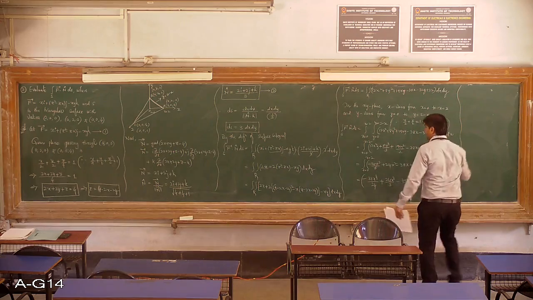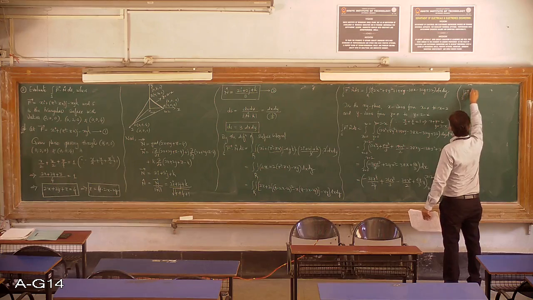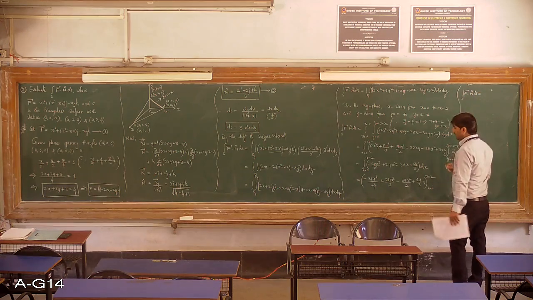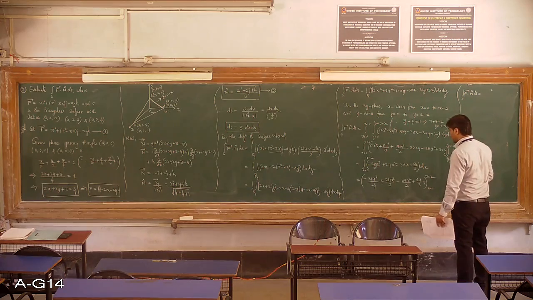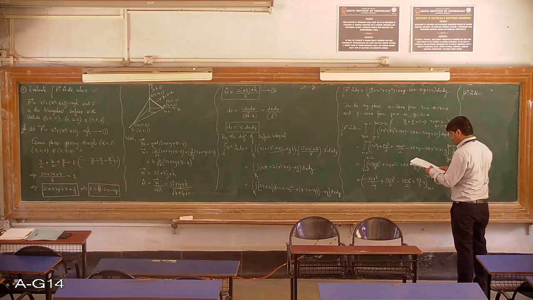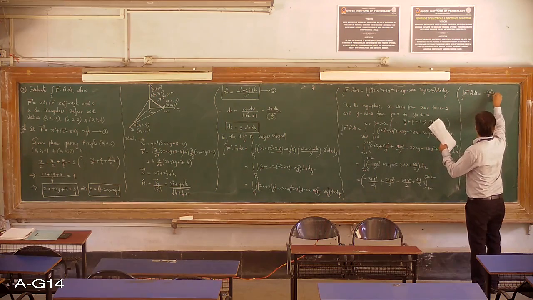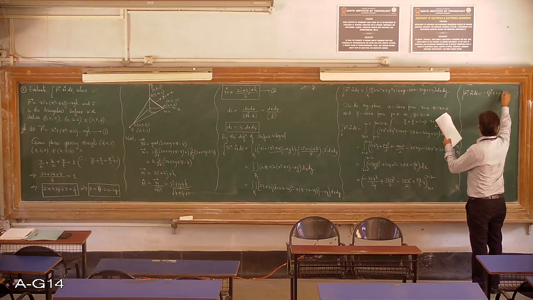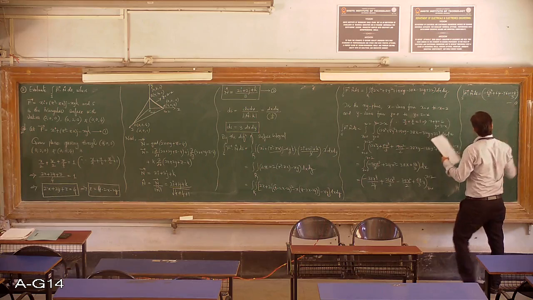For the upper limit you will get minus 62 by 3 plus 64 minus 76 plus 128 by 3, and for the lower limit that will be 0, one can very easily understand.